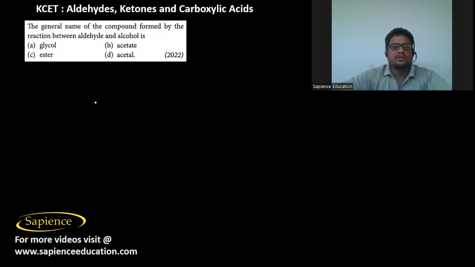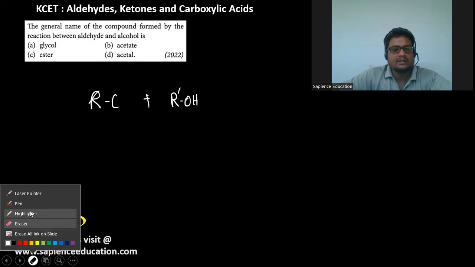And here it is told the general name of the compound formed by the reaction in between aldehyde and alcohol is. So when an aldehyde, which is RCHO, reacts with an alcohol R'OH, then the compound formed is. So here we have RCHO.